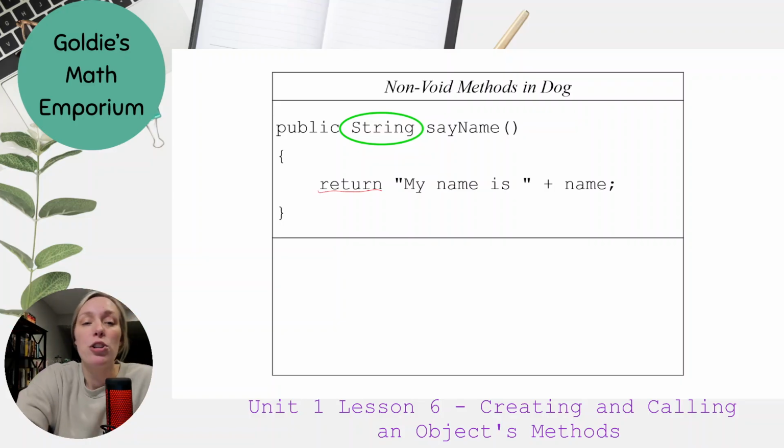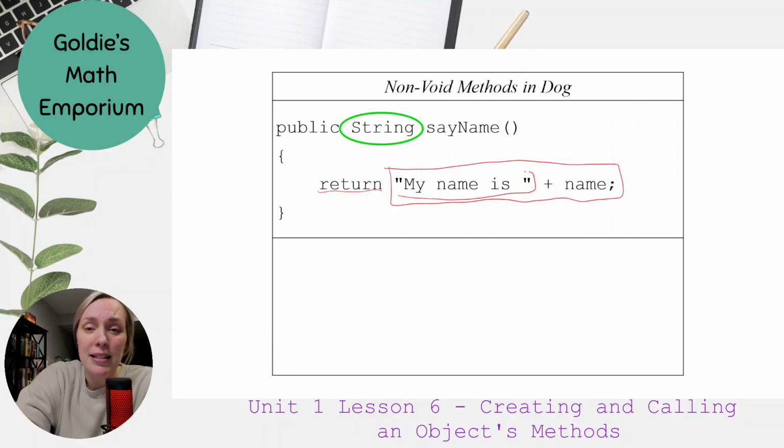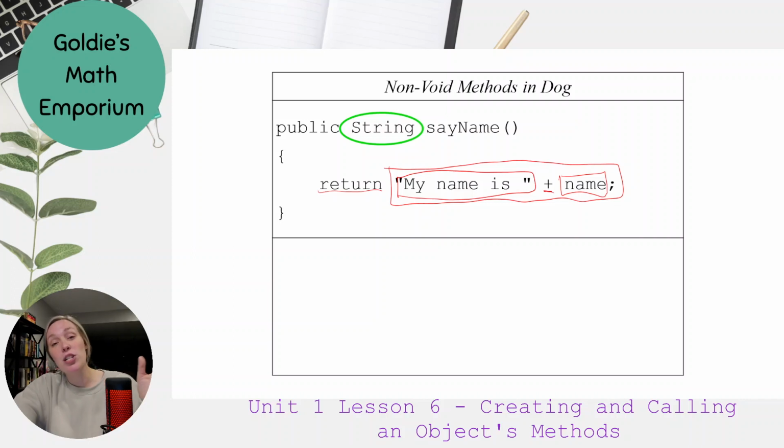And what am I going to return? I'm going to return a string. This string says "my name is" in the quotation marks, and then I'm going to concatenate it with name. Now, what did name represent? Name was an instance variable that represented the name of the dog. So depending on what the dog's name is, you are going to return that dog's data. It's going to be pushed together with "my name is", and then that dog's information.